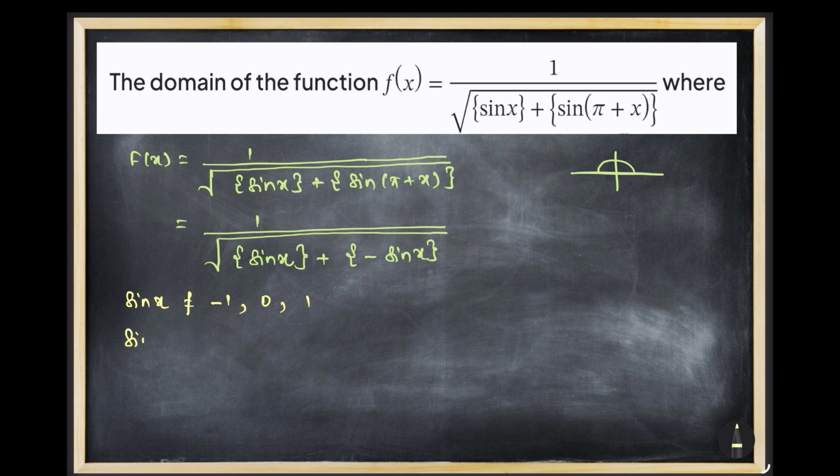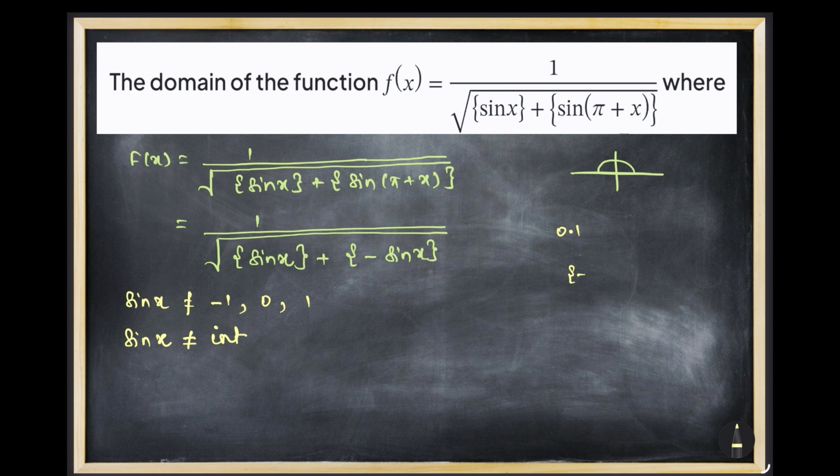Suppose that sin x is not an integer. So if sin x is not equal to an integer, then what will happen? Suppose I am talking about 1.1. So the fractional part of 1.1 is what? 0.1.